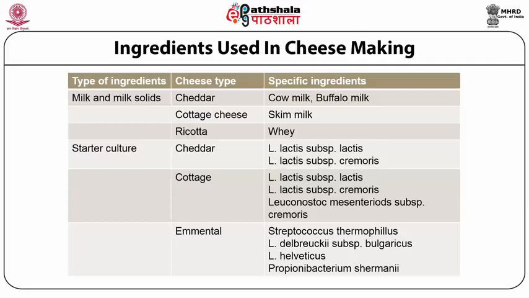The next variety is Emmental, in which the starter culture used is basically thermophilic cultures like Streptococcus thermophilus, Lactobacillus delbrueckii subspecies bulgaricus, along with Lactobacillus helveticus, and the very important culture to obtain the eyes in this Emmental cheese, that is Propionibacterium shermanii.